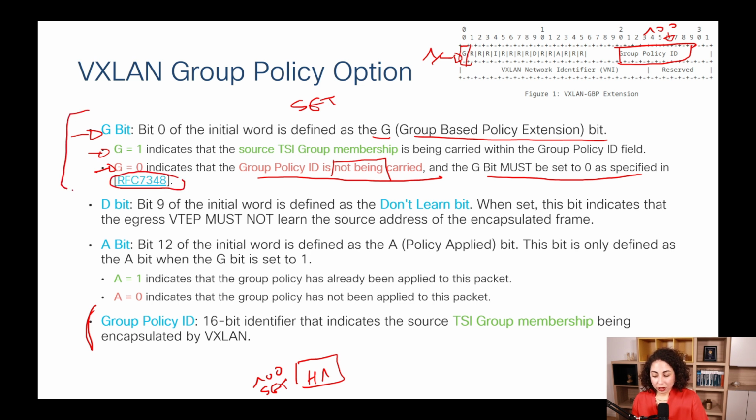Why is this bit so important? It is because, at least by my understanding, it shows whether we are in the world of classic VXLAN RFC 7348, or if we are in the world of the VXLAN GPU draft / RFC. If G equals 1, it means that we understand VXLAN GPU, and in that case, we need to transport in the frame the group policy ID of the source of our flow.